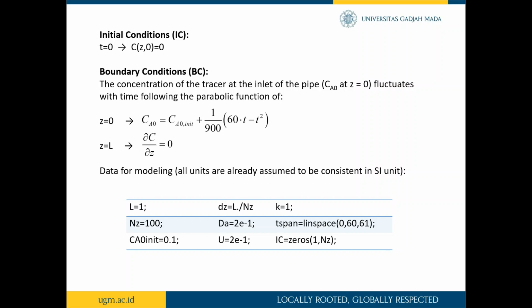And at z equal to L, we have the common boundary condition, which is dc over dz equal to 0. In addition to that, for this simulation we have data for modeling, and I assume that all units are already consistent in SI units. These numbers I just made up to make the simulation results later on nice or quite colorful.